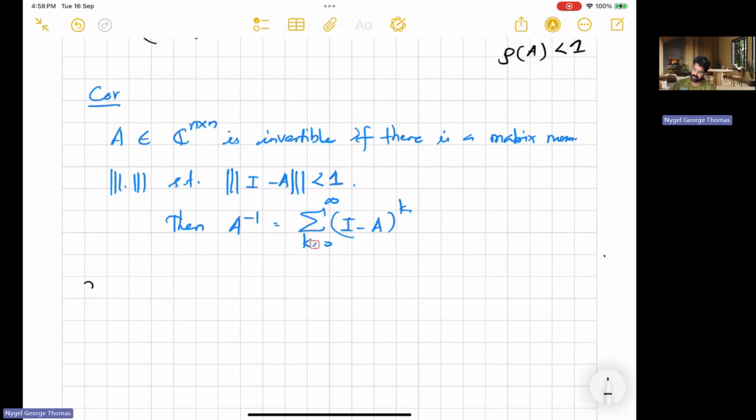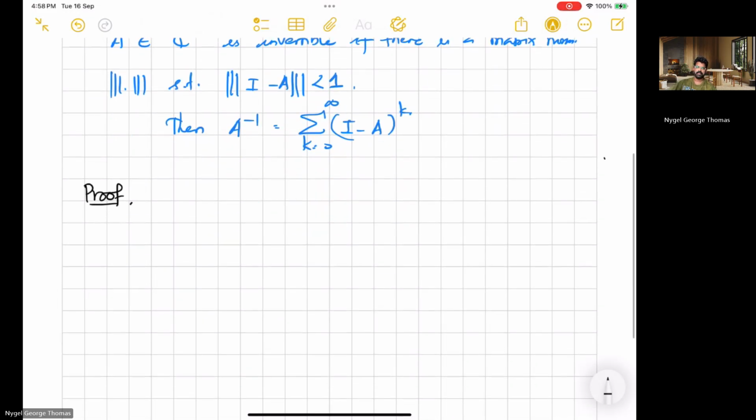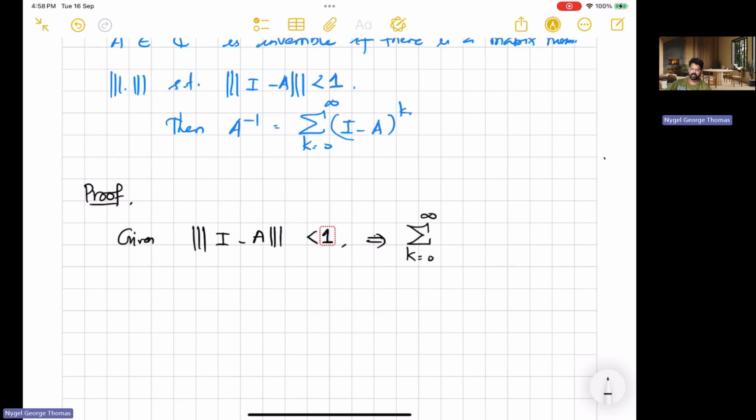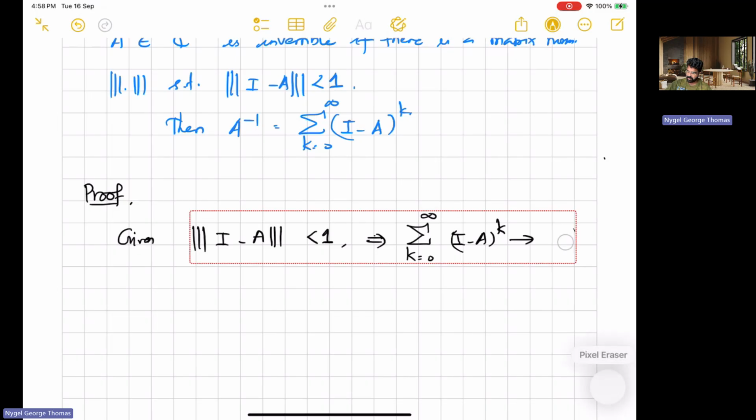So let's try to prove this. We're given that the norm of I minus A is less than 1, which implies the series sum over k from 0 to infinity of (I minus A) raised to k converges to some matrix C, where C is n cross n.